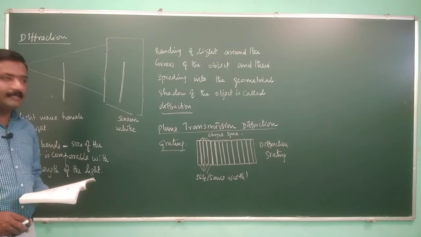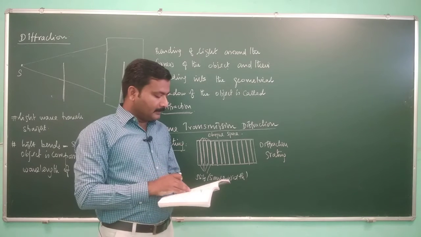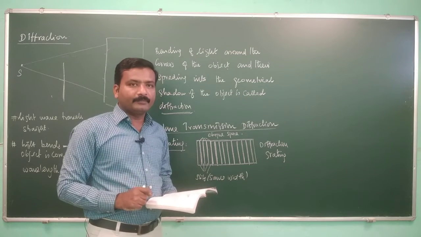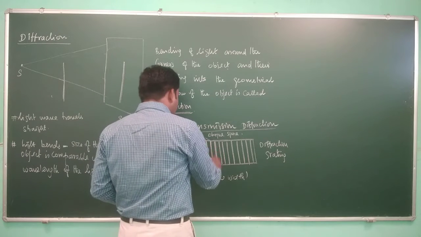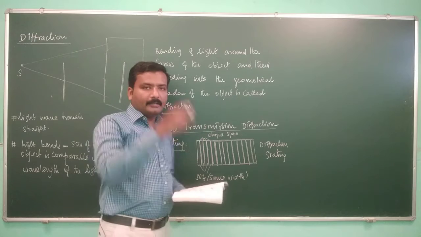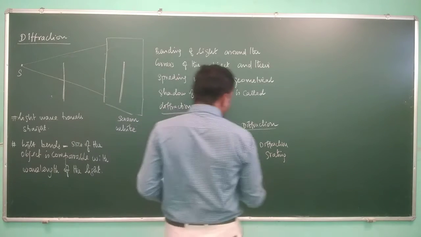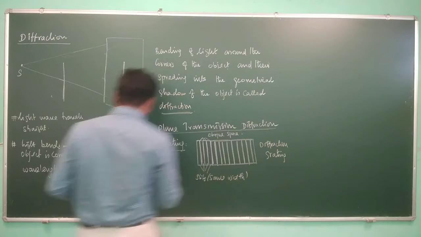These parallel lines can be drawn using a diamond pointer. Using a diamond pointer, equidistant, narrow, sharp lines are drawn. These lines are rulings.